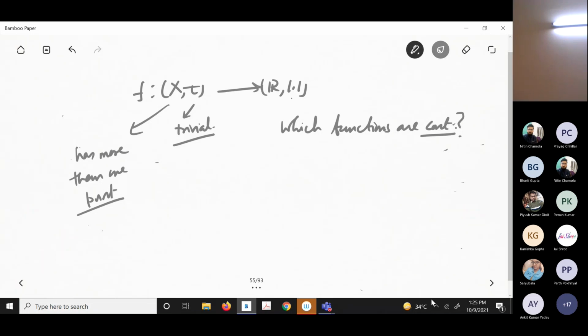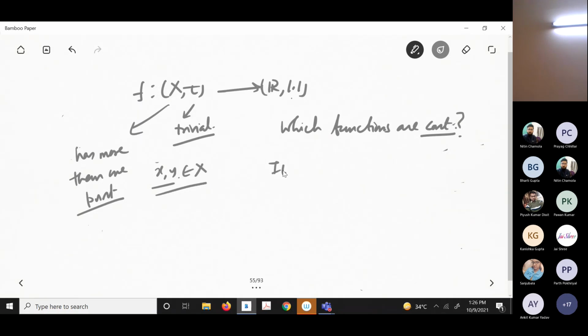Suppose there is more than one point, so you have at least two points x, y. I am saying if it is continuous, it has to be constant. A constant function is expected to be continuous, but here I am saying only constant functions will be continuous. How will you prove it? Take any two points here.